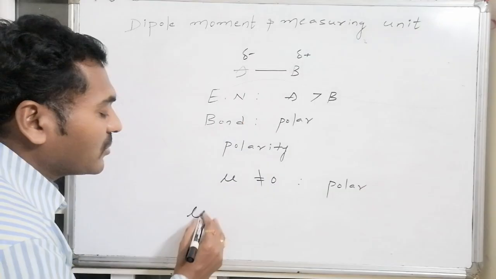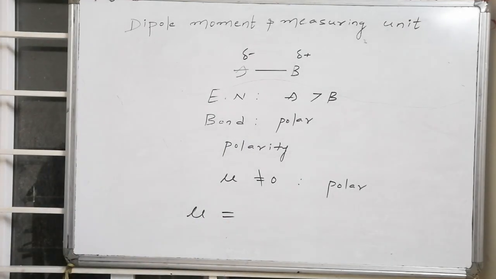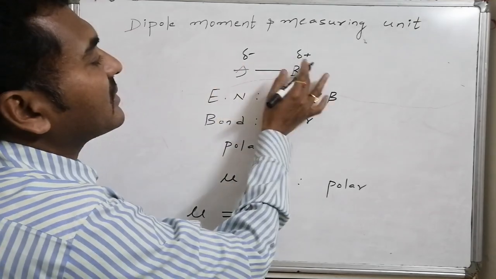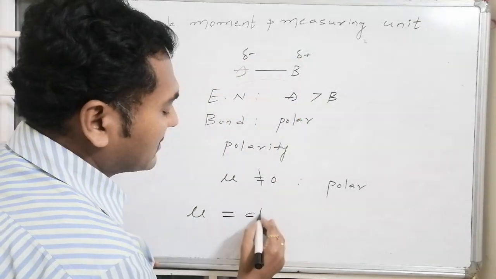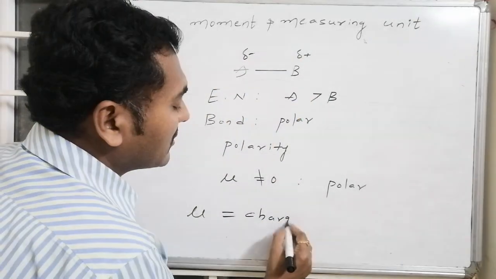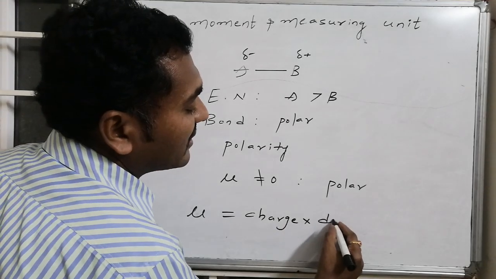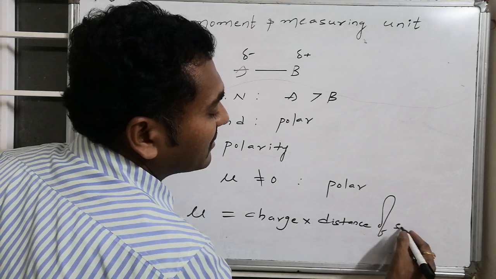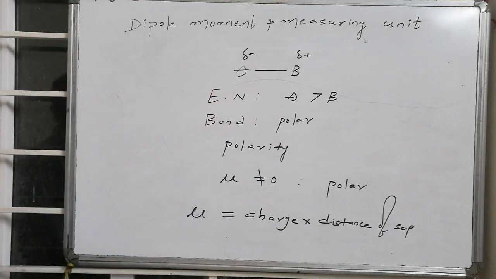But technically, to measure this polarity, which is indicated by mu, we take the help of the charge separation, that is charge into the distance of separation between the charges. This is taken as the formula to calculate the dipole moment.